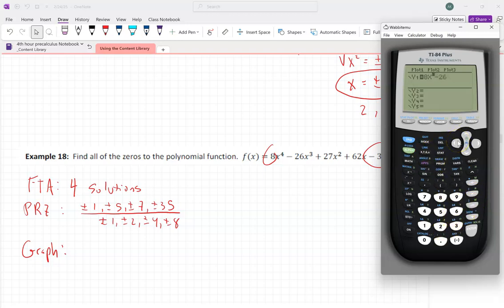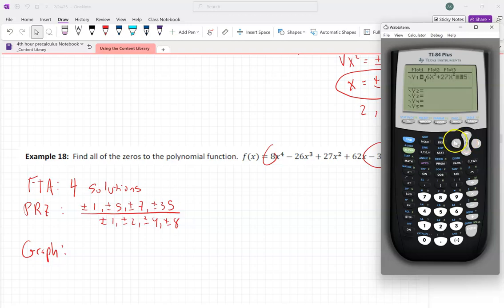Oops. It's supposed to be 4. Okay, I hit graph. And oh, rats, it doesn't look like either one of these are falling necessarily in the range that I was looking for.